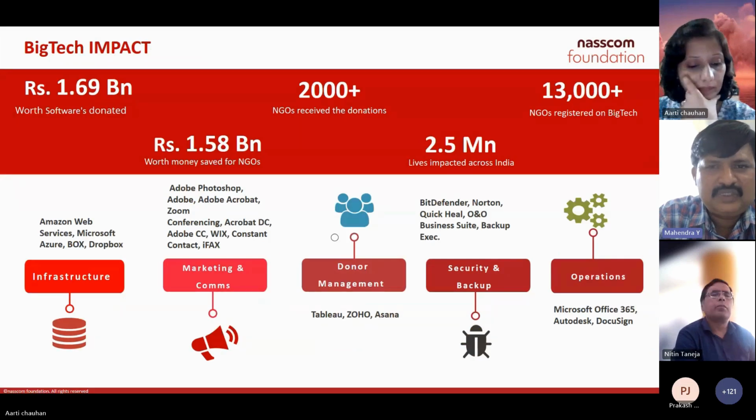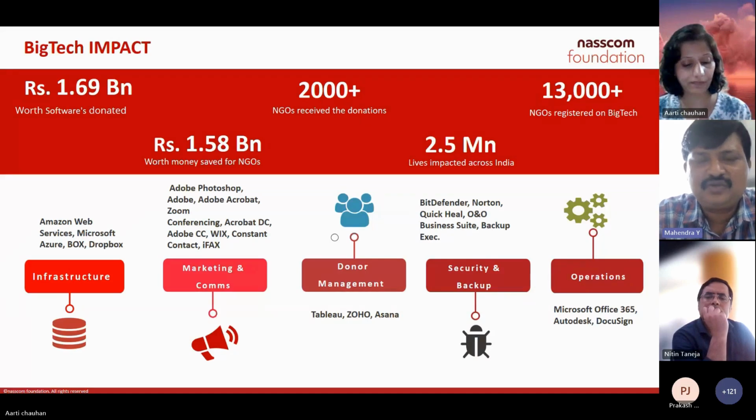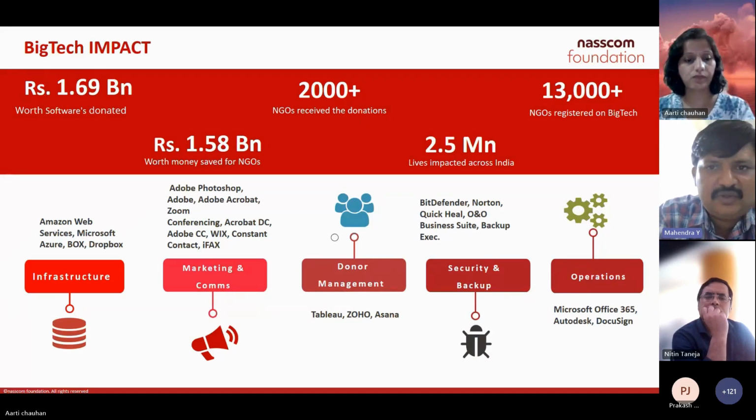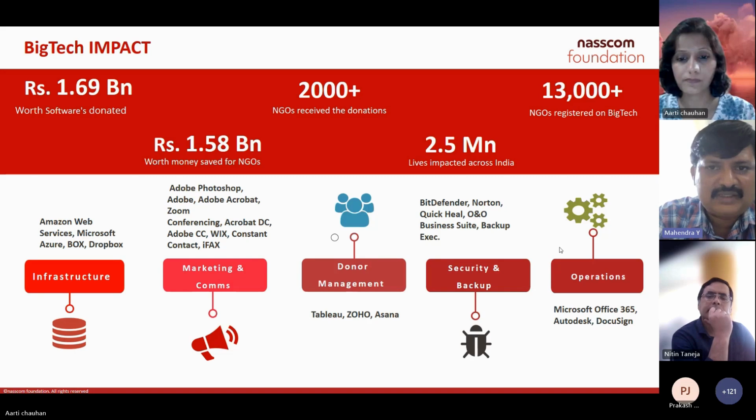Moving on, just to talk about our journey in terms of what we have done so far. To give you a quick snapshot, we have donated softwares worth rupees 1.69 billion to the NGO community so far. Because the NGOs came to BigTech and procured these products, they saved a lot of money.